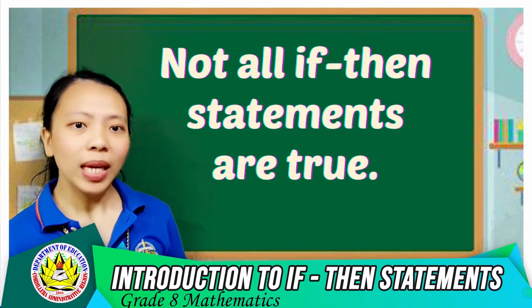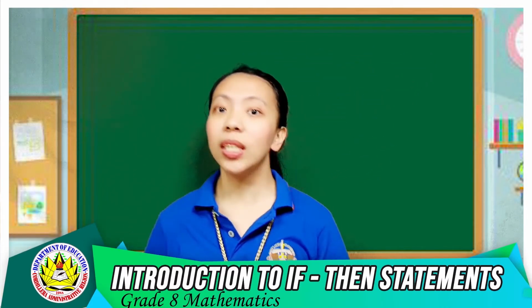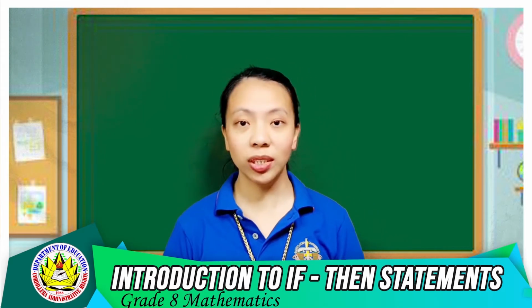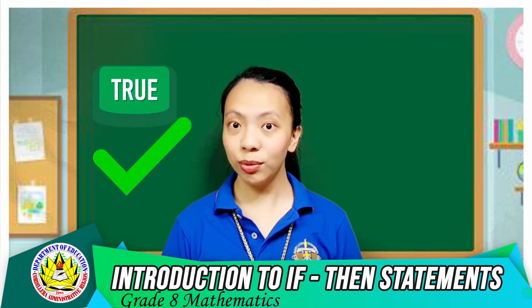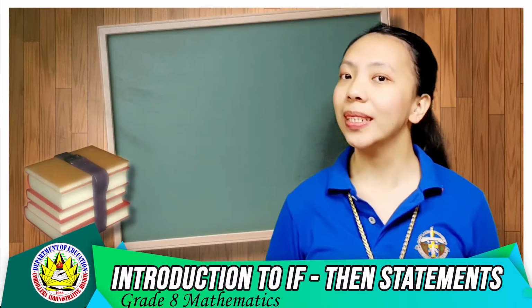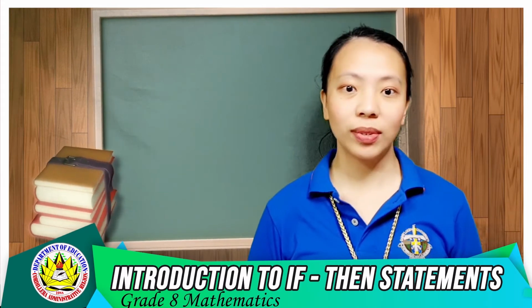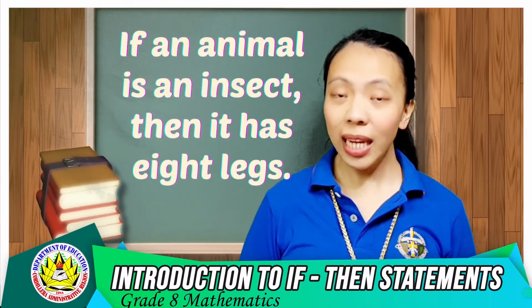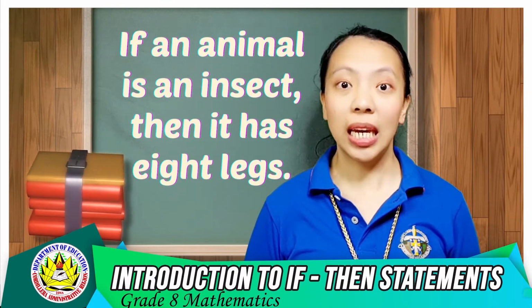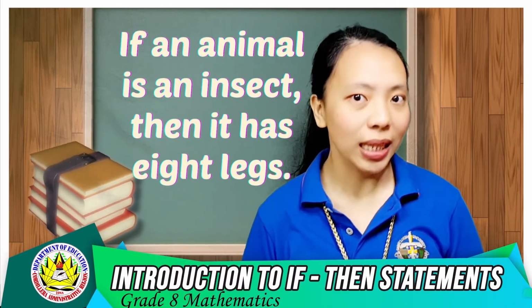This time, let's find out if the sentences that will be flashed are true or false. Tell me. Sentence number 1. If an animal is an insect, then it has 8 legs.